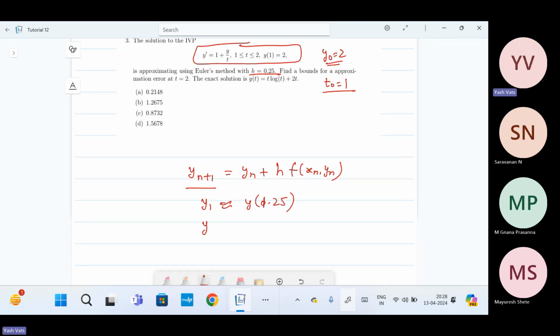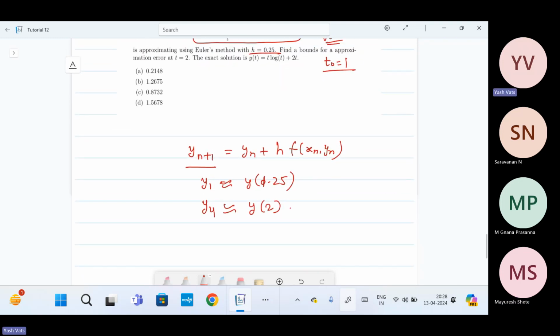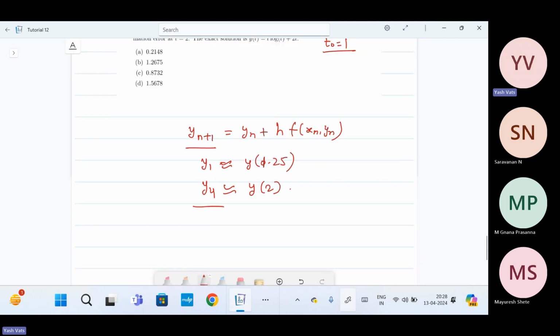So you need to go to y4 to get the value of y2, right? Once you get y4, which is an approximation value of y2, then you can find the exact solution, which is given to you. Exact solution at 2 is 2 log 2 plus 4.